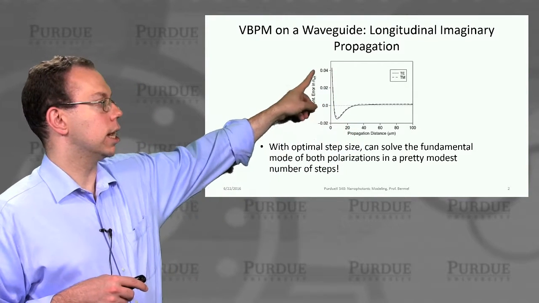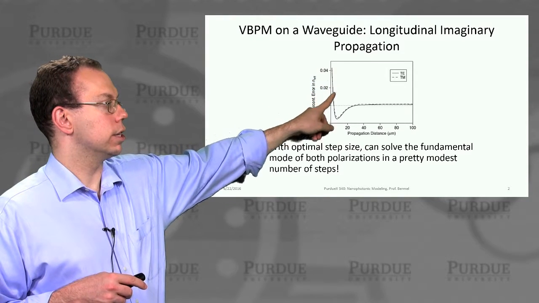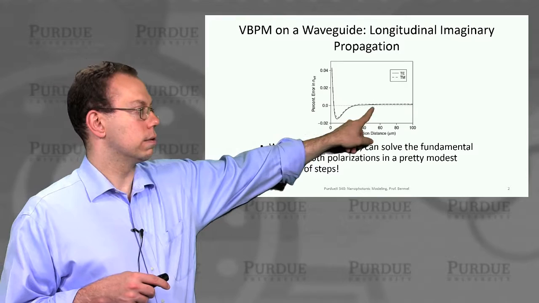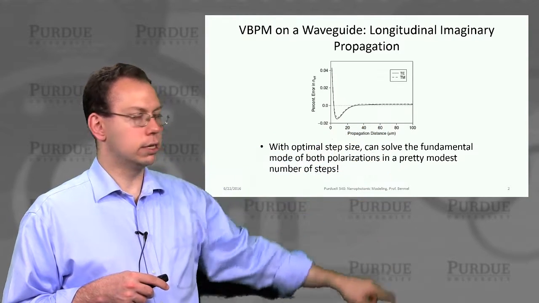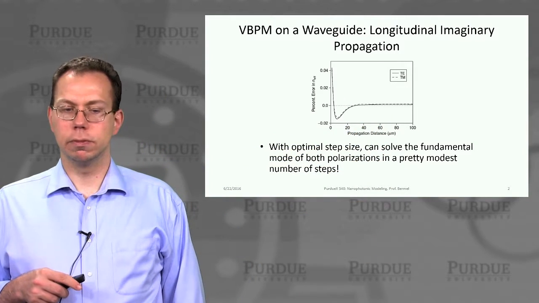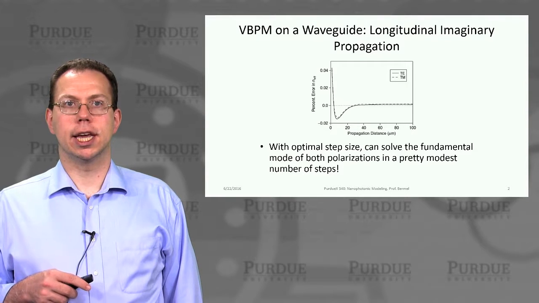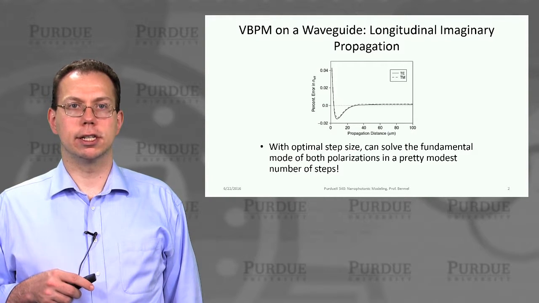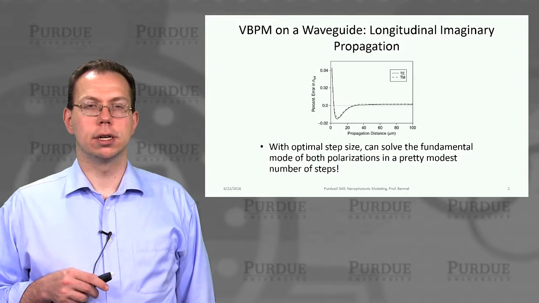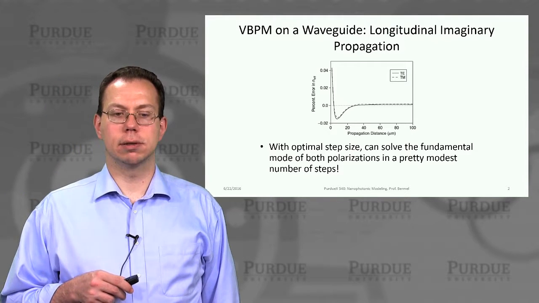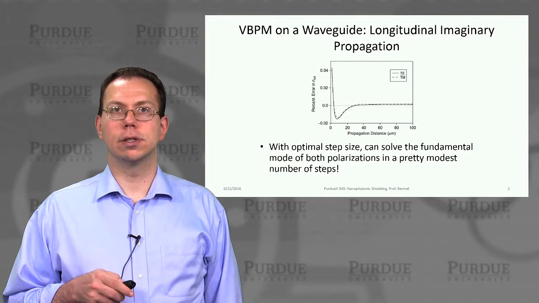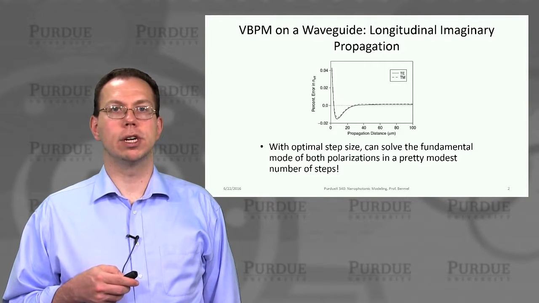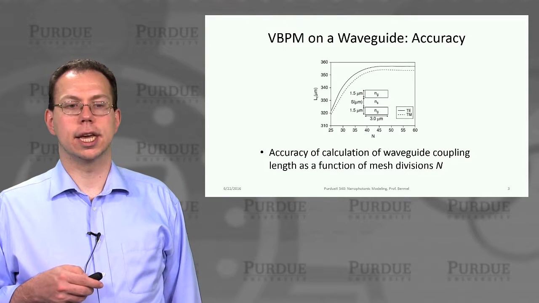And so you can see that although it has like a fairly large oscillation at first with respect to the true answer, it fairly reasonably converges pretty quickly after about 40 to 50 microns in this case, which at the scale of a wavelength of 1.3 microns is about maybe 40 wavelengths, which is not unreasonable. So this allows us to use a pretty modest number of steps to get a pretty accurate solution, even if we don't know the answer, like in this case.